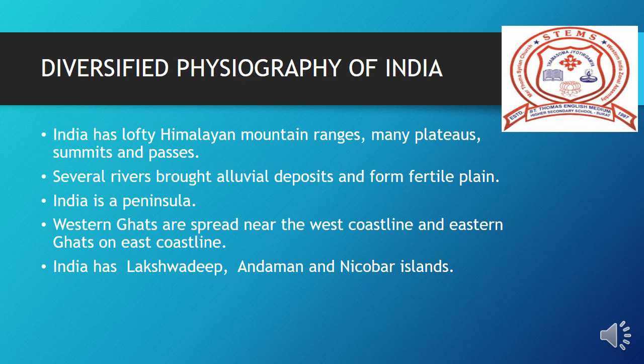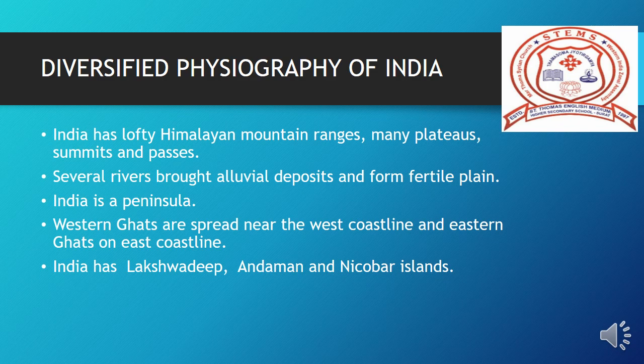India has a long coastline, stretching from Gujarat till Orissa. India is a peninsula. Arabian Sea lies to the west of India, Bay of Bengal to the east, and Indian Ocean to the south.